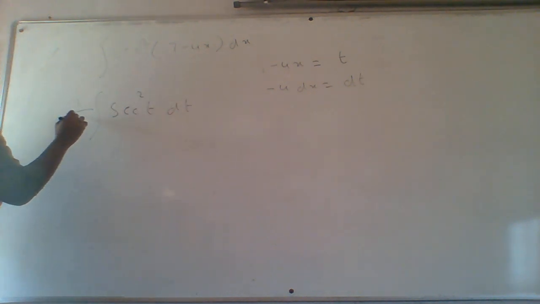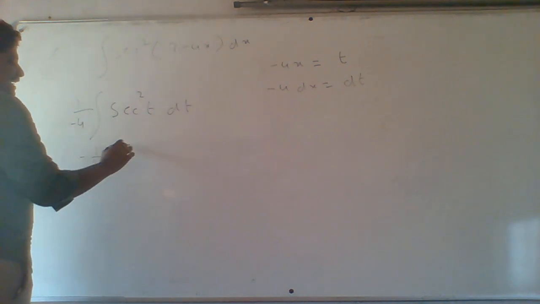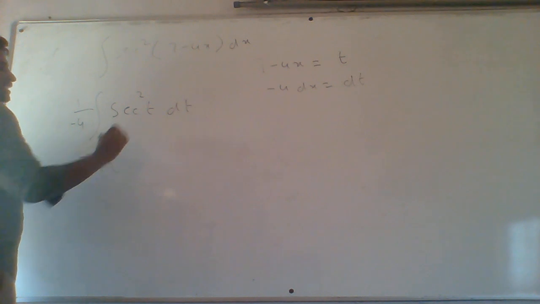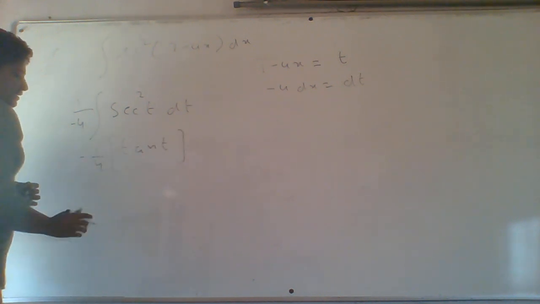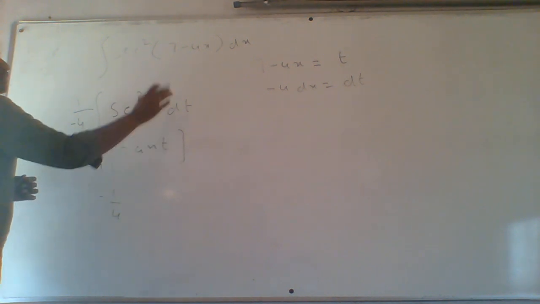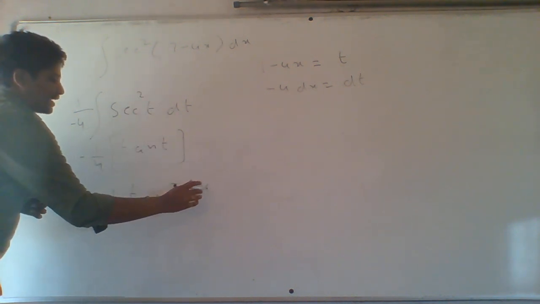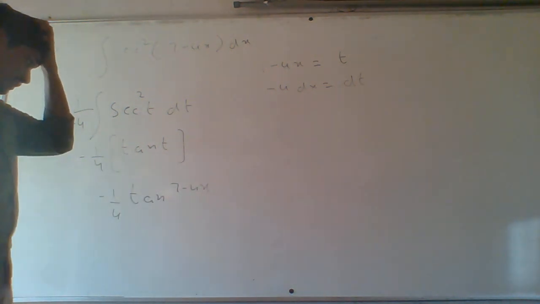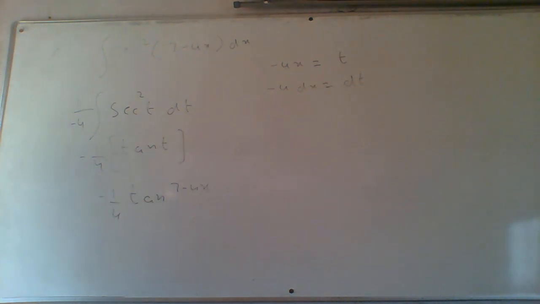Take minus 1 by 4 common. What is the integral of secant square t? It is tan t. So minus 1 by 4, in the place of t, tan of 7 minus 4x. The answer is minus 1 by 4 tan of 7 minus 4x.